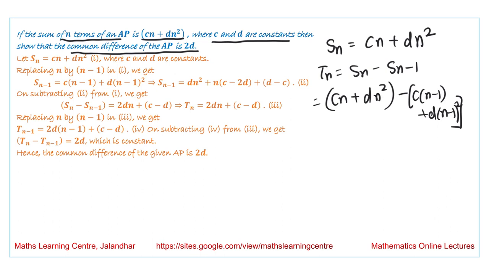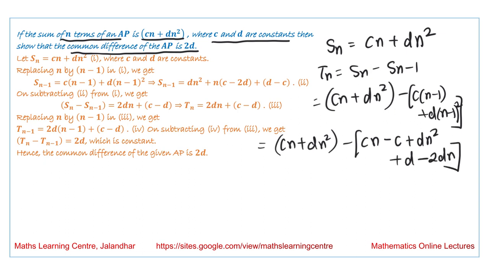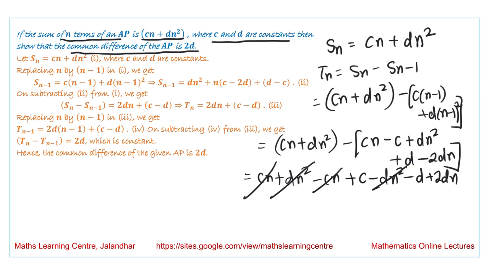So this is equal to Cn plus Dn square minus Cn plus C minus Dn square plus 2Dn minus D. The Cn gets cancelled, Dn square and Dn square get cancelled, and we are left with C minus D plus 2Dn. This is the nth term.